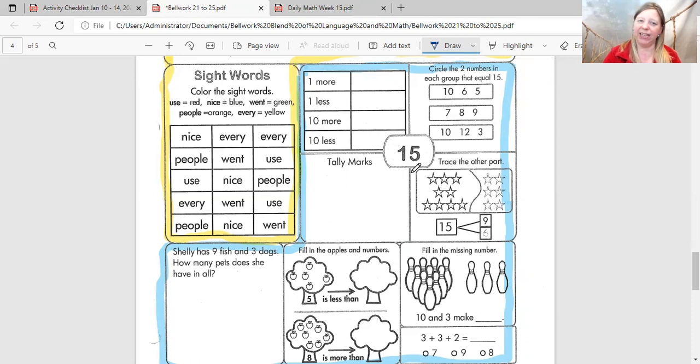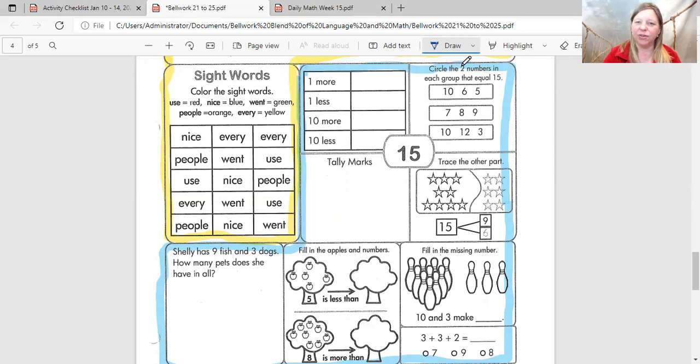So 15, what is one more than 15? Fill that in here. What is one less than 15? And fill that in beside that. What is 10 more than 15? And what is 10 less than 15? Put your answers beside each one.